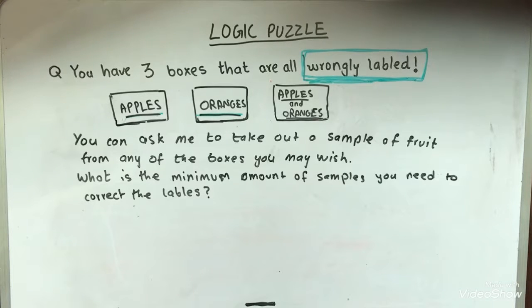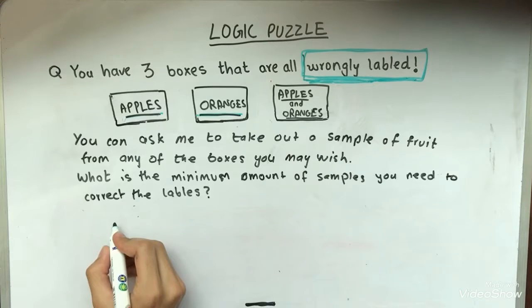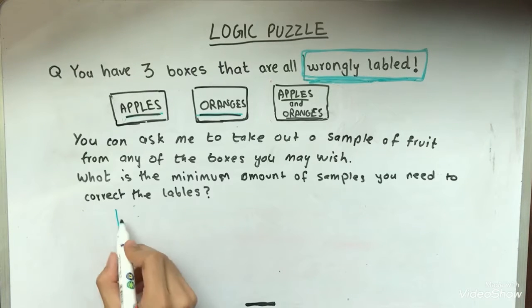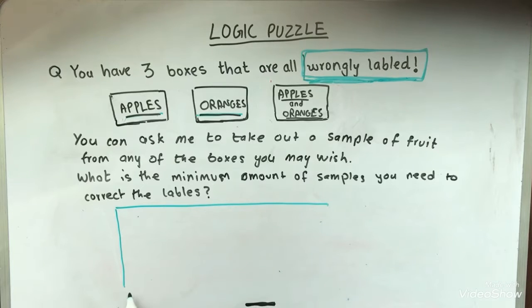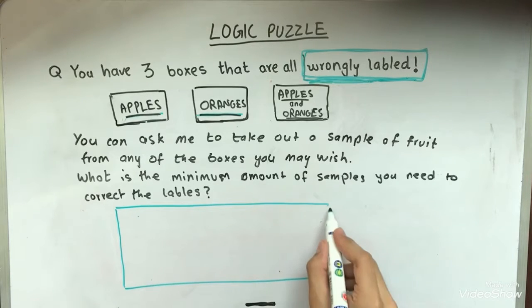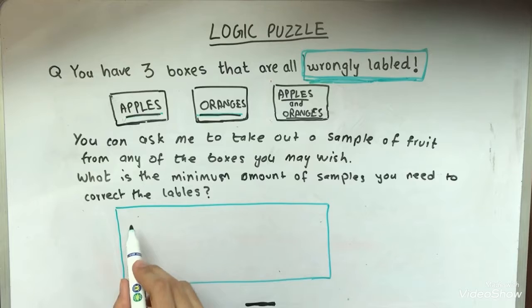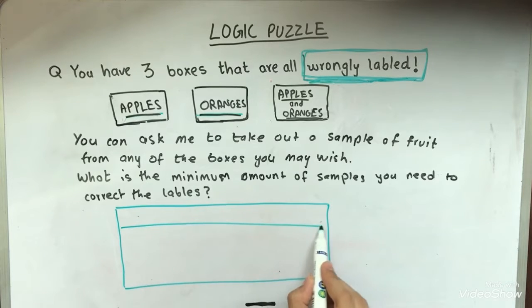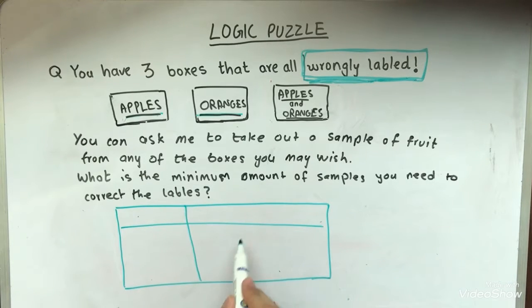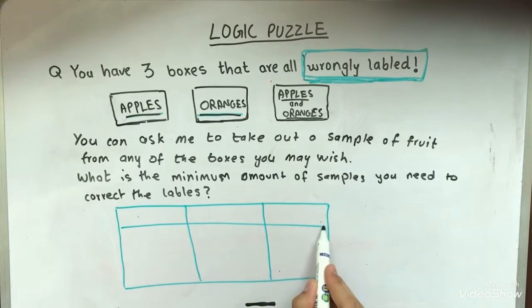So I assume you actually tried to solve it. The first step in this logic problem is to write all the information down in the form of a table. I'll make three columns here. Sometimes you need to depict the problem in a diagrammatic way, sometimes in table form.